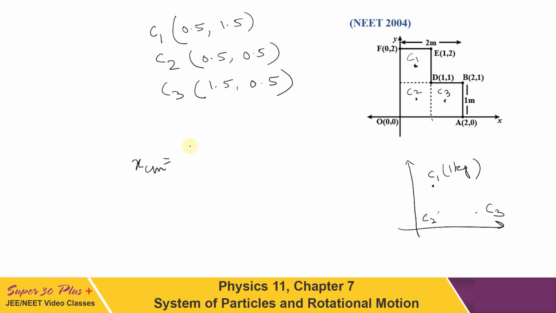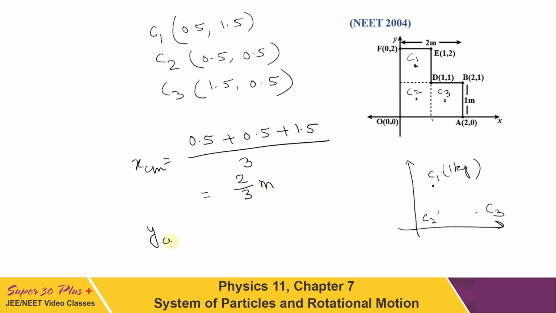All masses are 1 kg, so it will be 0.5 plus 0.5 plus 1.5, and this whole divided by the total mass, that is 3 kg. On solving it will be 2 by 3 meter.